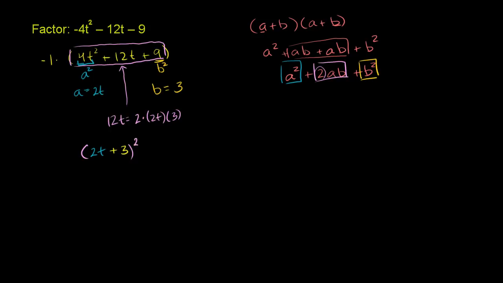It fits this pattern. And of course, you can't forget about this negative 1 out here. You could have also solved it by grouping, but this might be a quicker thing to recognize. This is a number squared, that's another number squared. If you take each of those numbers that you're squaring, take their product and multiply it by 2, you have the middle term right there. So this is a perfect square.